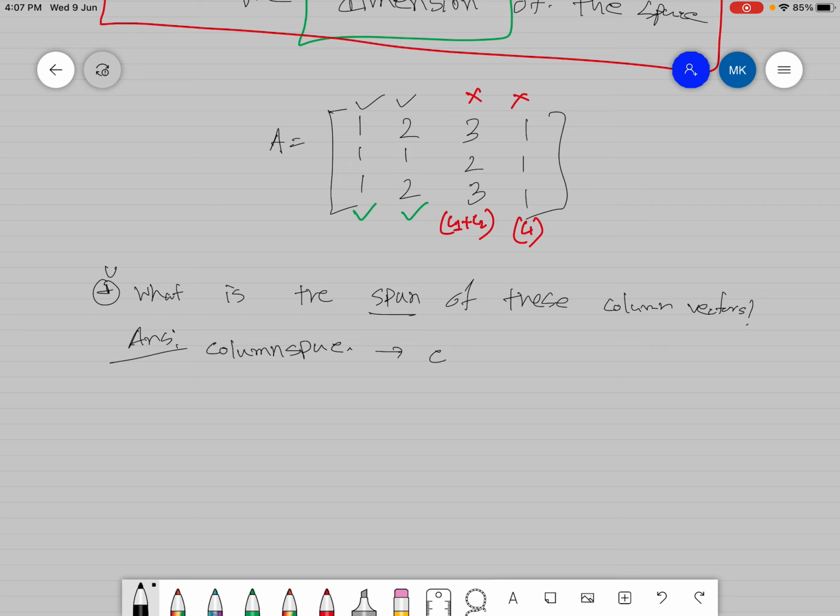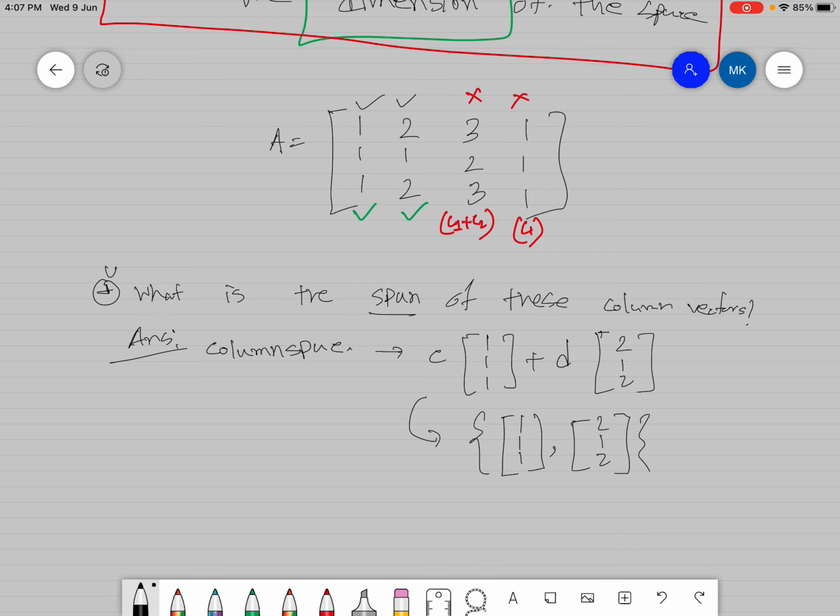So it can be C times 1 1 1 plus D times 2 1 2. This is another way of writing it: all the combinations of 1 1 1 and 2 1 2, right?